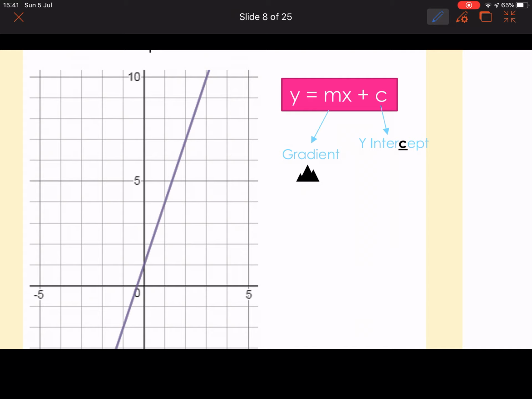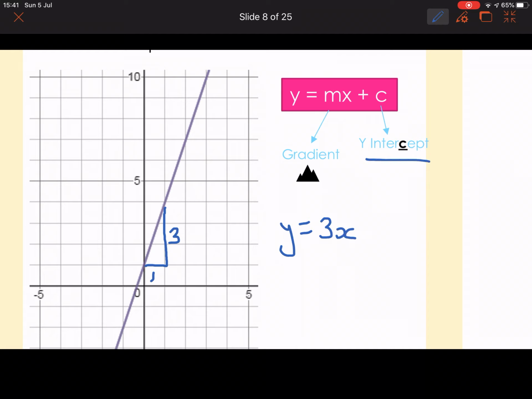So we need to find a triangle somewhere that goes exactly through points. I'm going to choose this one here. Look at your difference in y. Again, look at your axes and your scale really carefully. That's gone up 3. The difference in x is gone across 1. So my gradient is 3 over 1, which is 3. So instead of m, I can write 3x, because I know my gradient is 3.